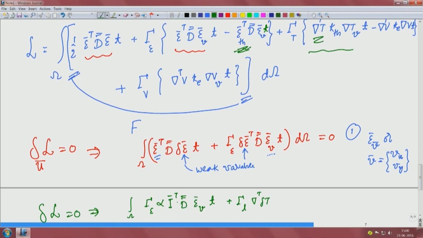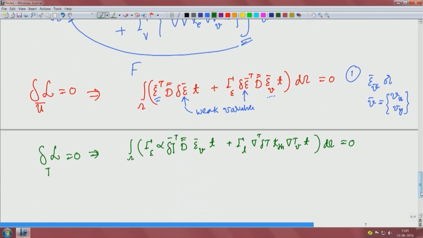Okay. When we say here, I should write it better, I will write it as delta T. Okay. So, delta T, that is variation of T, delta T into K T H delta T V T, all of this d omega equal to 0. Now, if you see, this does not involve anything to do with adjoint variable of electrical thing.